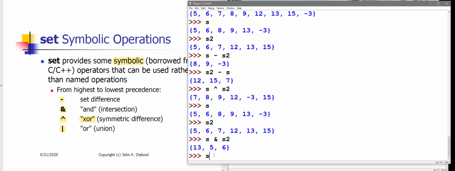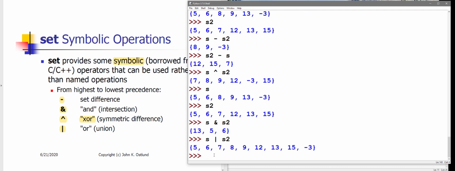And then union uses the vertical bar symbol. And if you have experience with other languages at all, you may recognize the vertical bar symbol as being the so-called bitwise OR symbol. And the ampersand is the bitwise AND, and the caret symbol, or the hat symbol, is the bitwise exclusive OR.